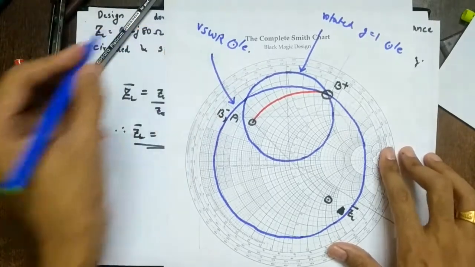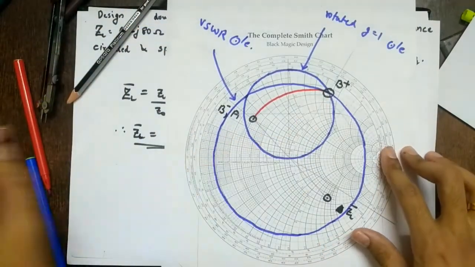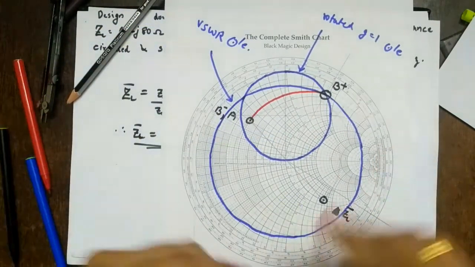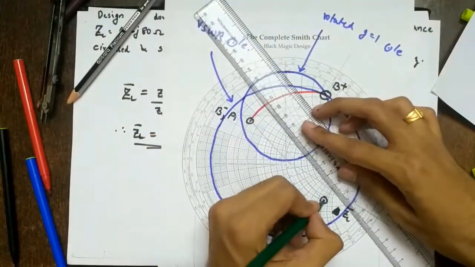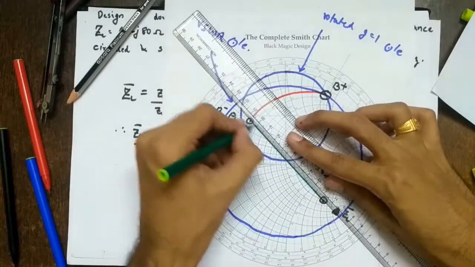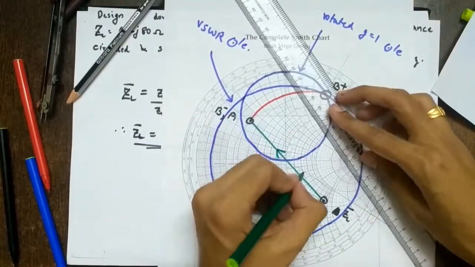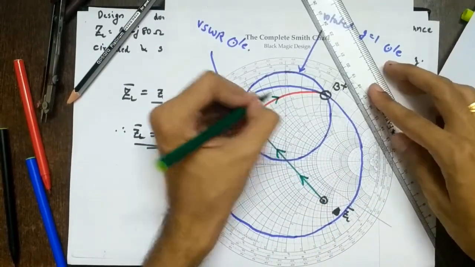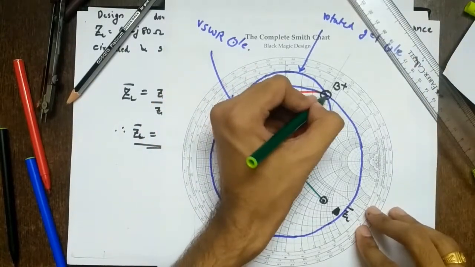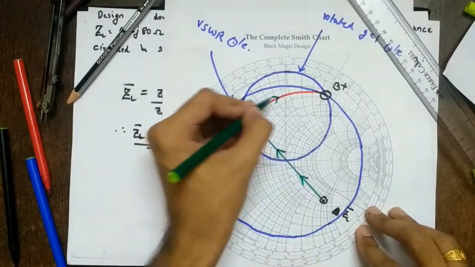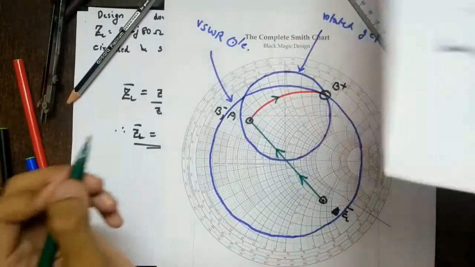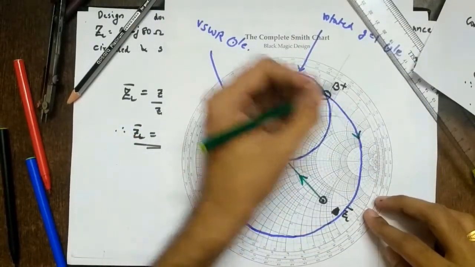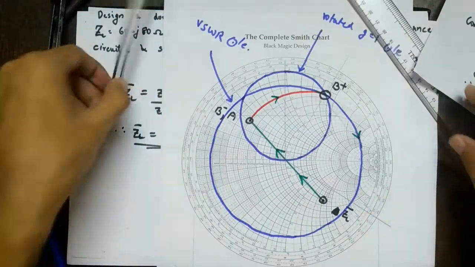I'm purposely writing this for your reference. From here, in which direction did we go? I'll draw that with a green pen, how we have started plotting. We started from here, so this direction we went, then this direction. Now how are we going? From here we are moving along the VSWR circle. Why are we moving clockwise? Because we are moving away from the load, that is towards the generator. So now we are going in this direction, and we have to stop at 0.293 lambda.